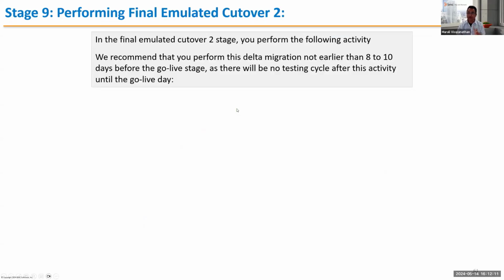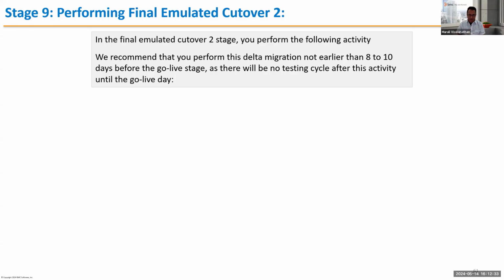Okay, emulator cutover 2. Again, we encourage not to do this early, because with some partners and in some situations I've seen them do it 1 month or 1.5 months earlier. Our recommendation is please don't do that. The reason is that emulator cutover 2 is what you're going to be practicing for the go live. On a go live, you want lesser downtime.